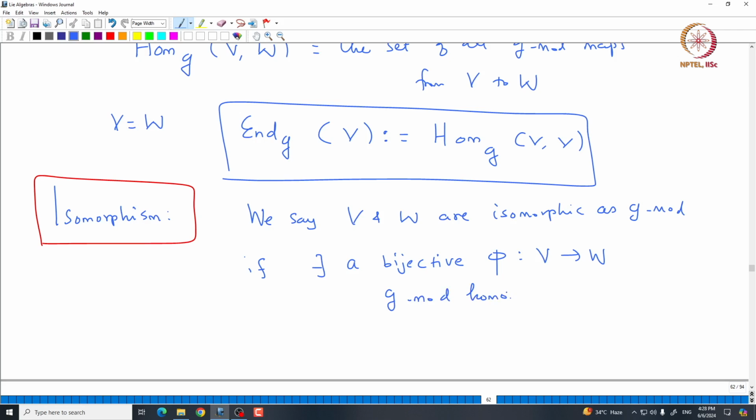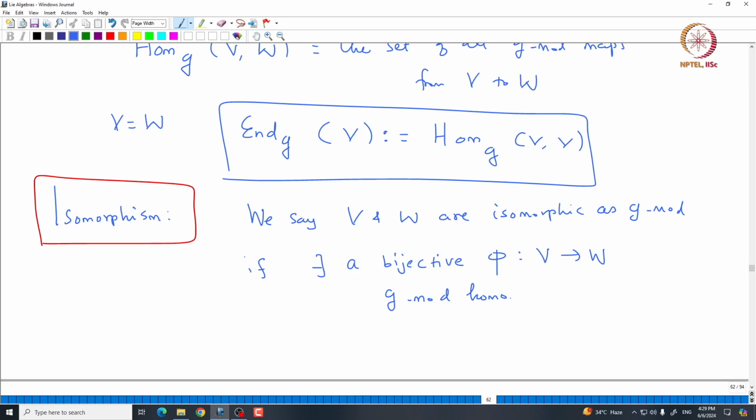If you have a bijective G module homomorphism, it is easy to verify that the inverse map is also a G module homomorphism. Because of that one can only demand we have a bijective G module map from V to W.